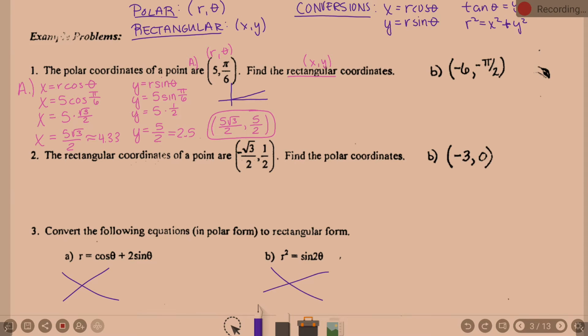Might be a little bit low, but you get the idea. Pi over 6 is here, and then going out 5, I'm picking a random spot there. Does that make sense with the ordered pair I just got? Yes. This is where it's helpful to look at the 4.33. I don't know what 5 square root of 3 over 2 is, but 4.33 comma 2.5 would be over 4.3, up 2.5. Does that make sense? It does, and that should logically make sense.